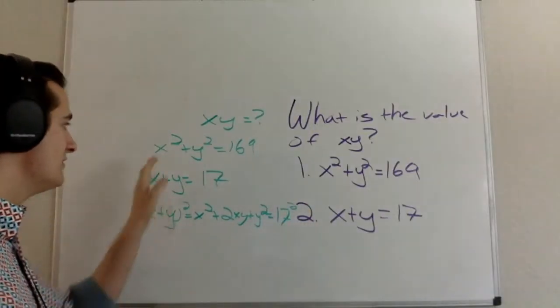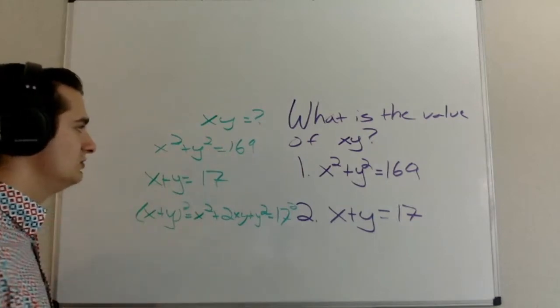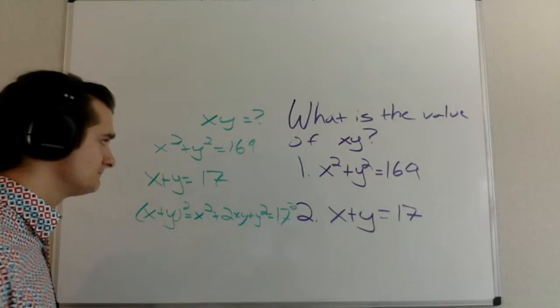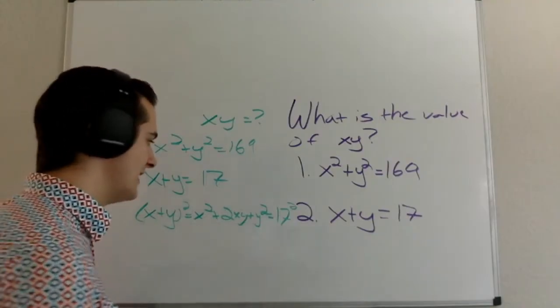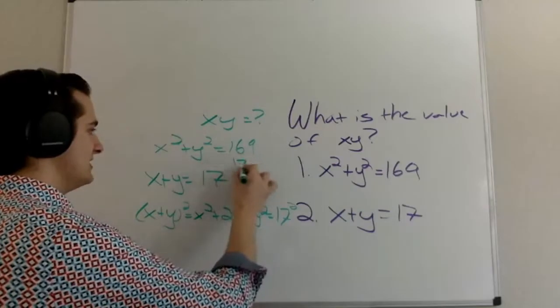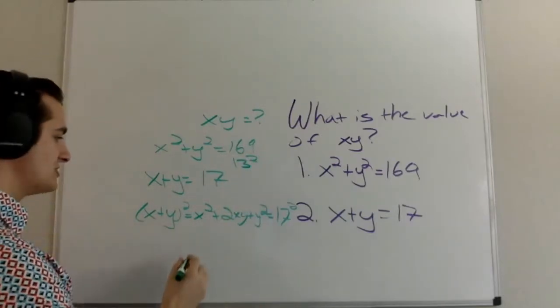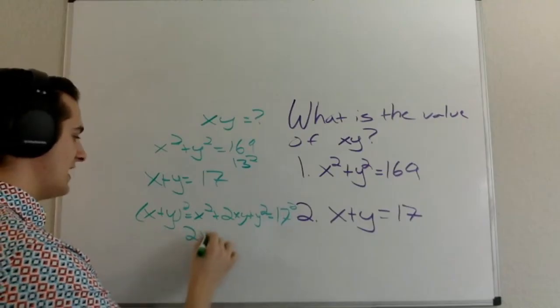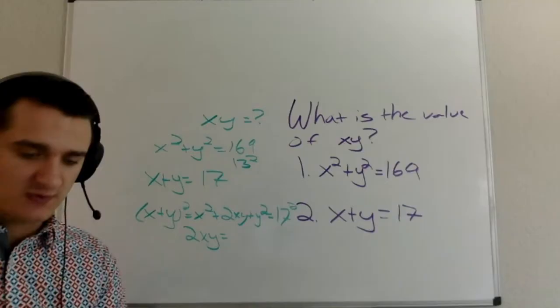Now from here, I know that x squared plus y squared is equal to 169. I'm going to rewrite that just for my own sake as 13 squared, just to make my life a little bit easier.